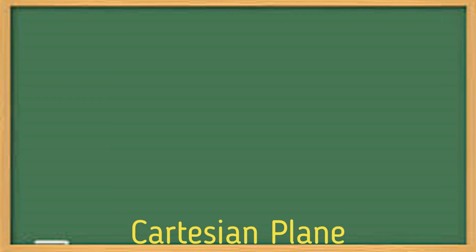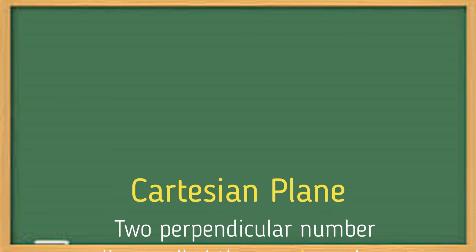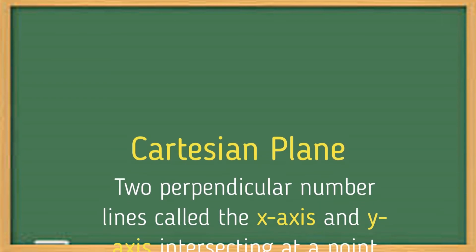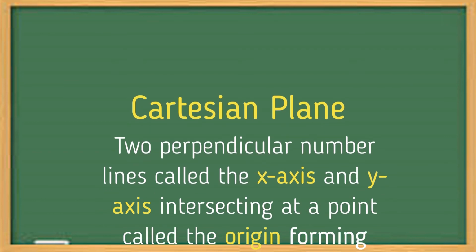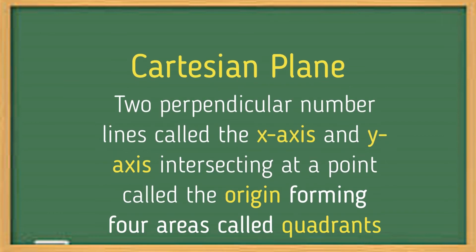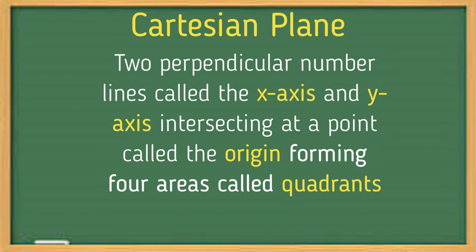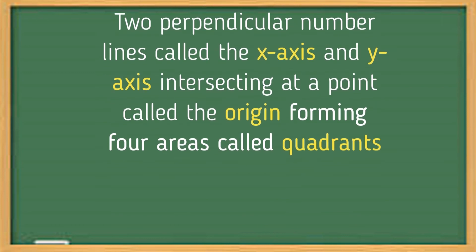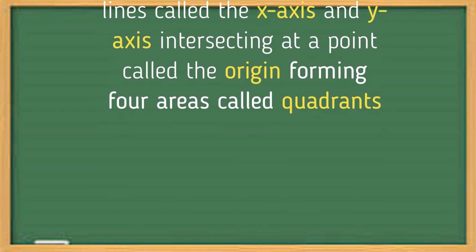So let us recall what we discussed earlier. Again, a Cartesian plane is formed by two number lines perpendicular to each other. These number lines are called the x and y axis. These lines intersect at a point called the origin.